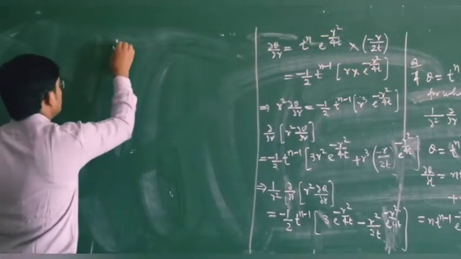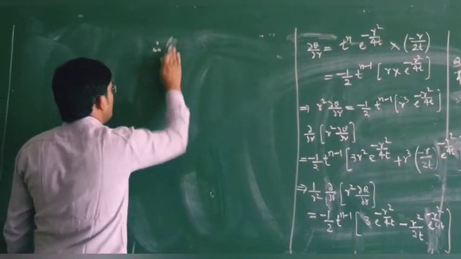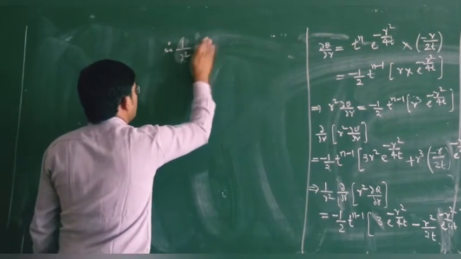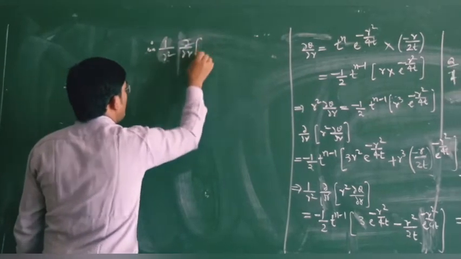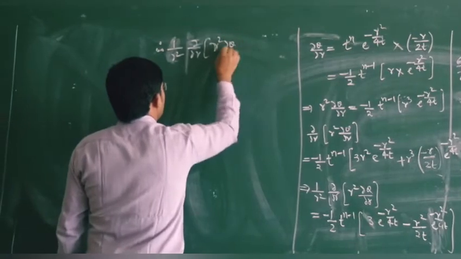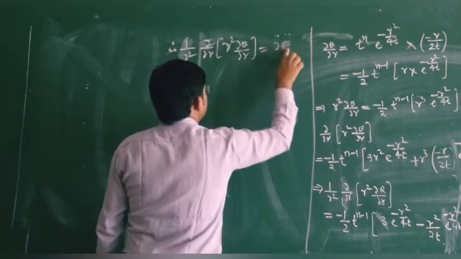Therefore your 1 upon r² ∂/∂r of r² ∂θ/∂r equal to ∂θ/∂t.